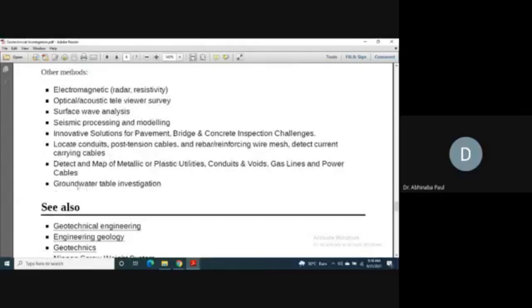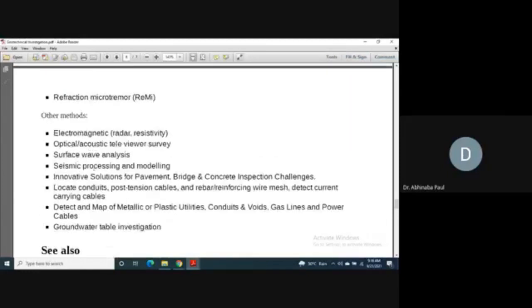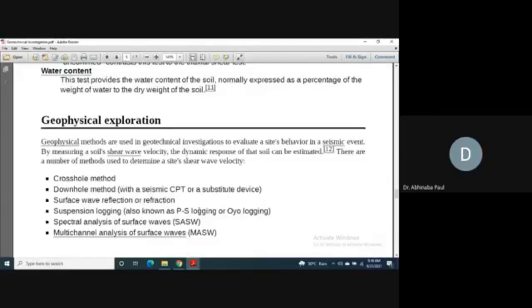Like ground water table investigation, कितने में ground water table लाई कर रहा है, तो हम with machinery itself we can detect. Seismic wave velocity, surface wave analysis, electromagnetic radar, underground any kind of pipelines, whether other pipelines are there or not. So this kind of thing we can easily find out. So these come under geophysical exploration.